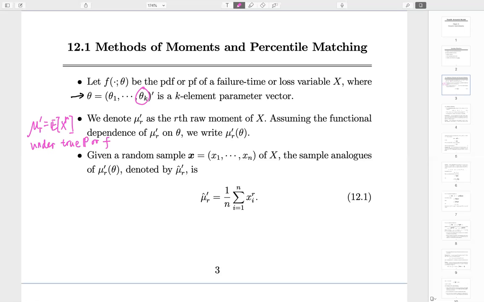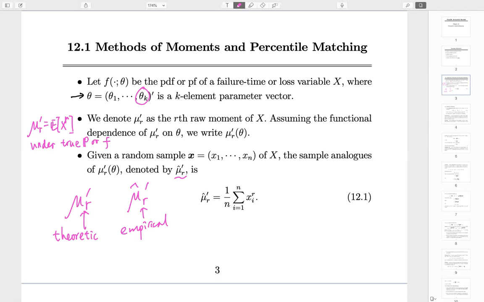Now we want to match the theoretical result to our empirical result. For empirical result, we're going to put a hat on top. So the rest is the same. If you do a quick comparison, this is the theoretical value, and then we have an empirical one.